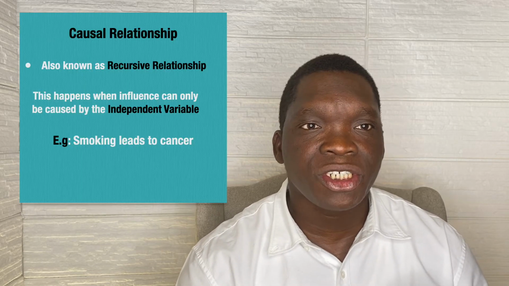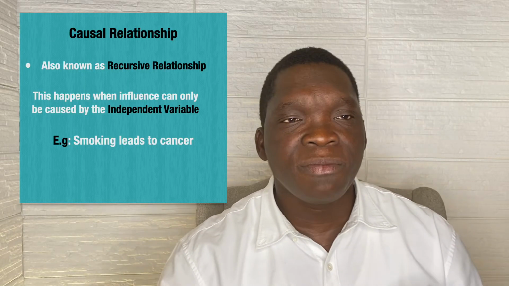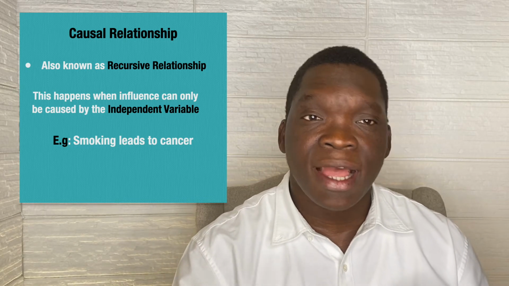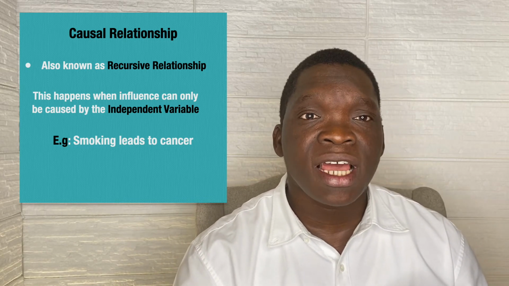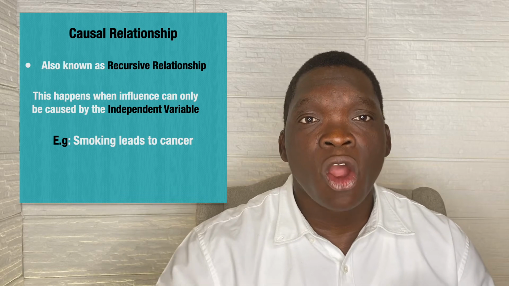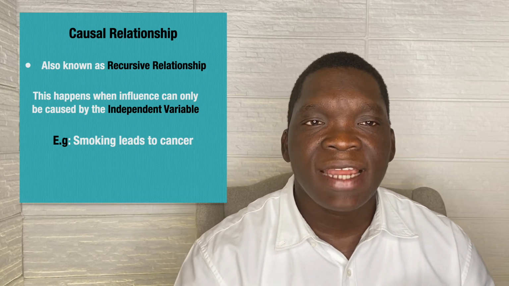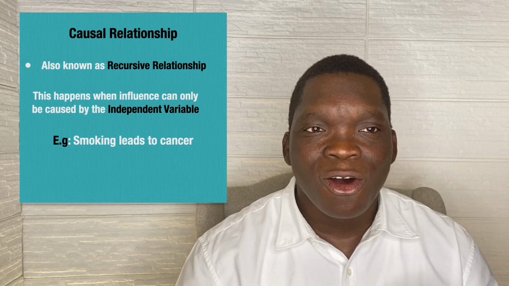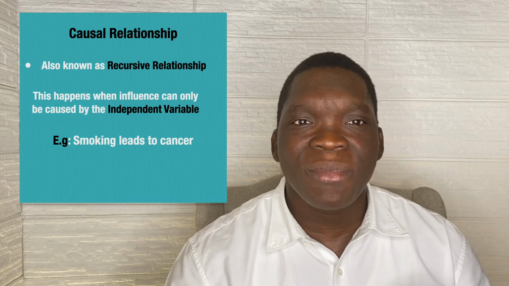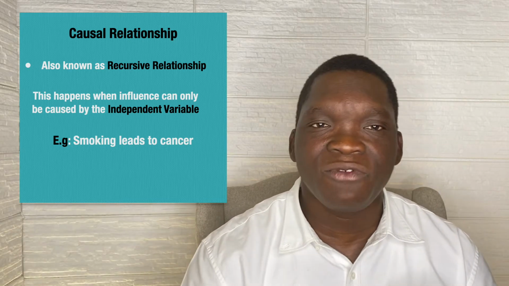Let's talk about types of relationship that we can use variables to study. Mainly, there are two types of relationships. There is causal relationship. The relationship between independent variable and dependent variable can be causal. When we say causal, another name for it is recursive relationship. And that means that the effect or influence can only come from independent variable to dependent variable.